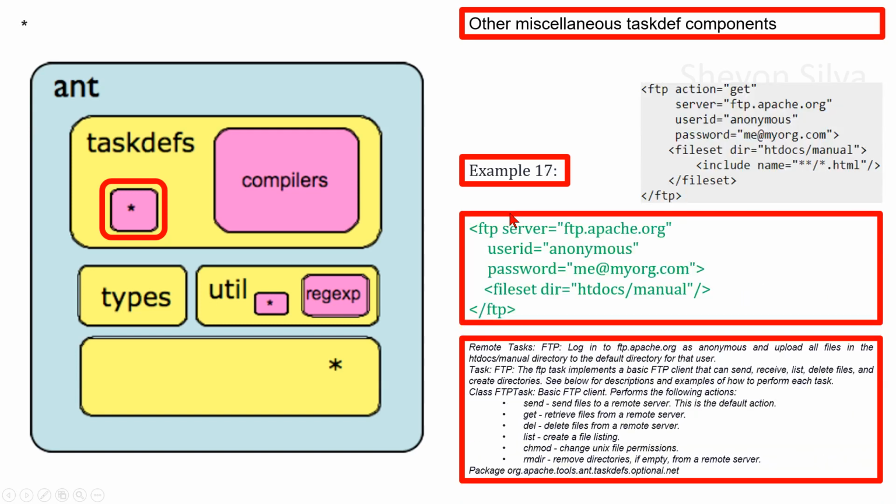org.apache.tools.ant.taskdefs. Now we are considering FTP in remote tasks. Here, log into ftp.apache.org as anonymous and upload all files in the htdocs/manual directory to the default directory for that user.